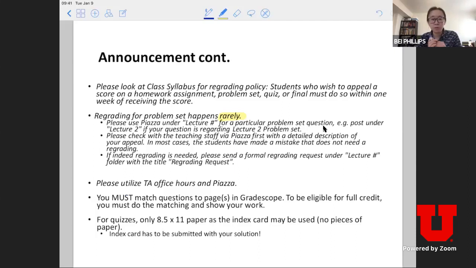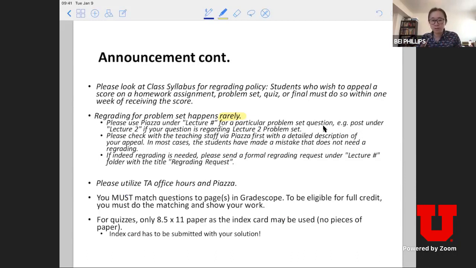So the first thing you are going to do is go to Piazza. If it's a lecture 2 problem set, then you go under the folder for lecture 2. Do not post questions for the problem set under quiz. Quiz 1, 2, 3, 4, 5 is actually for actual quiz questions. So for the problem set, go under lecture 2, for example. If it's lecture 3 problem set, lecture 3. Under Piazza, there are different folders.